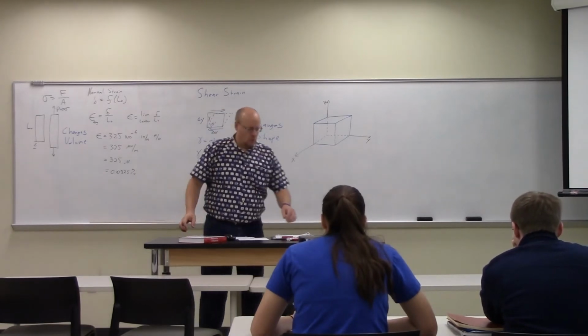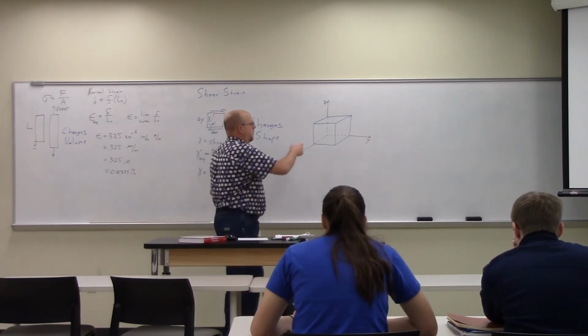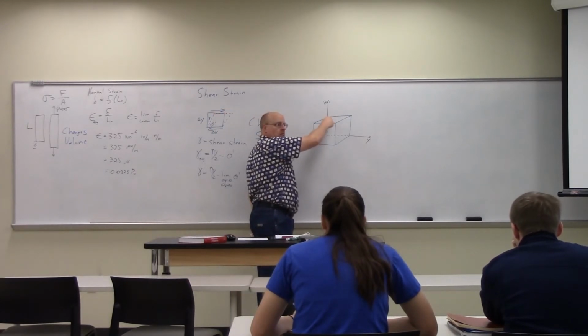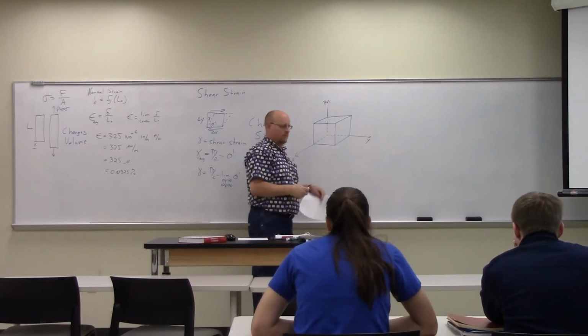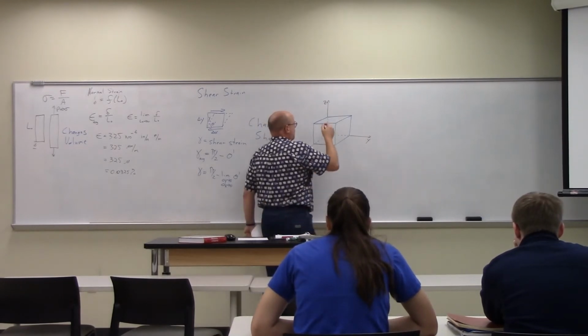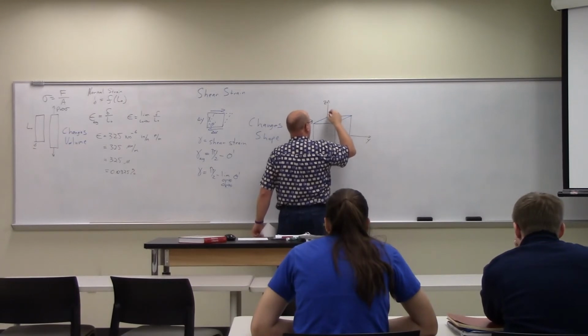And now what I'm going to do is distort it. I'm going to grab hold of this corner and pull on it, and I'm going to get something that's going to look like this. This is so hard to do.